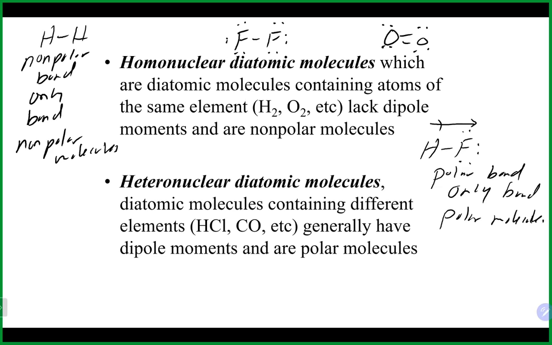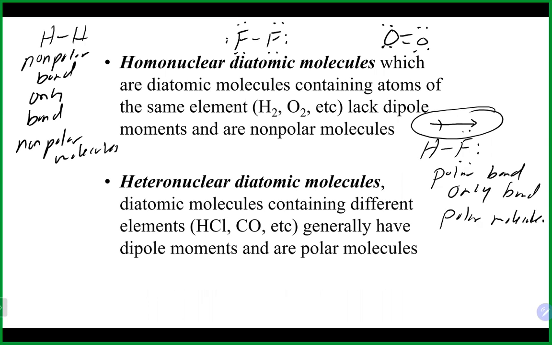Really the only place where you could use electronegativity values and bond polarity to decide whether the molecule is polar is with diatomic molecules, because there's just one bond in the whole thing. If that bond is polar, the molecule will be polar, and if that bond is nonpolar, the molecule would be nonpolar. And this guy would have a dipole moment heading towards the fluorine, as I drew it there. Question on that?